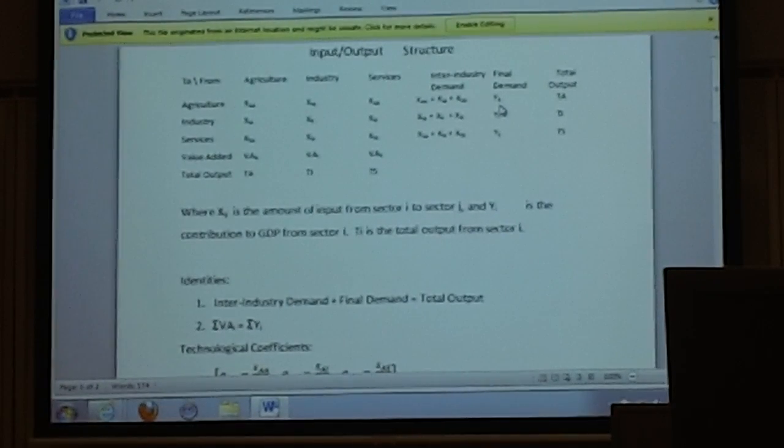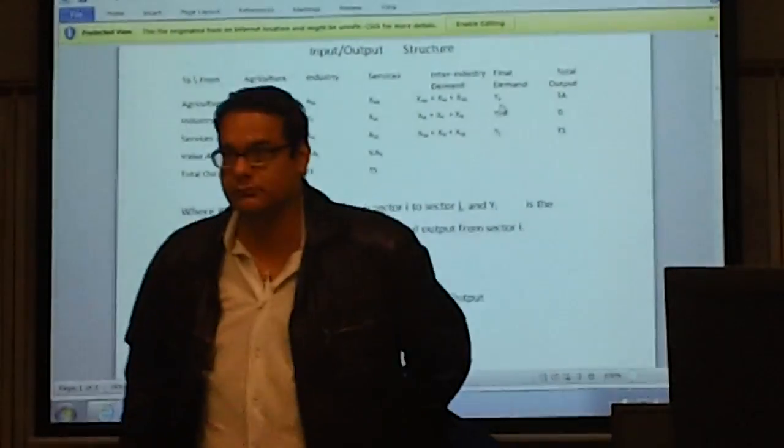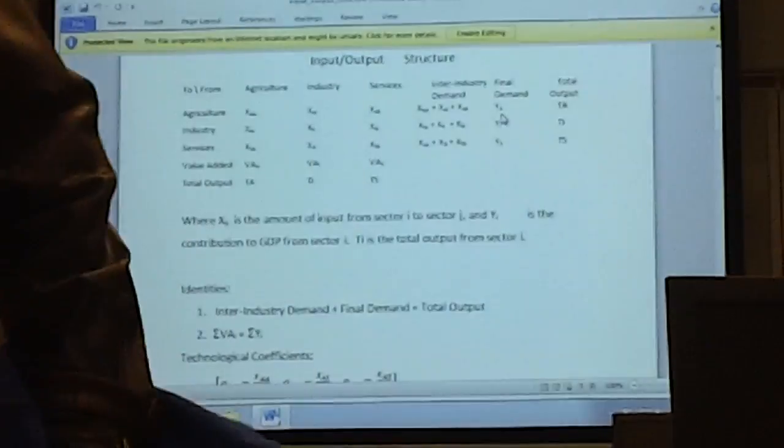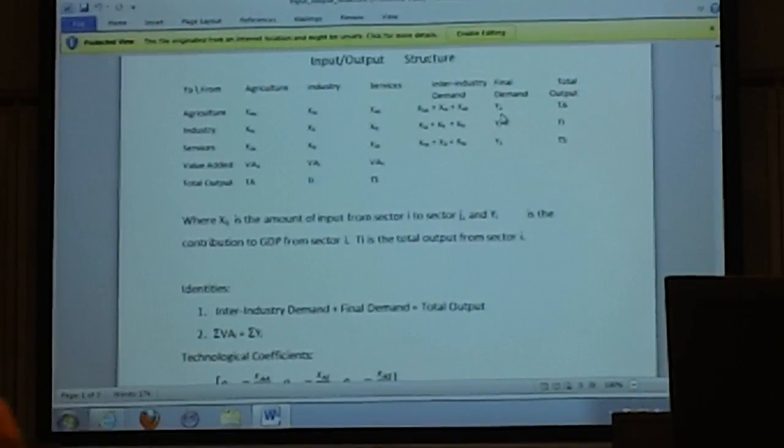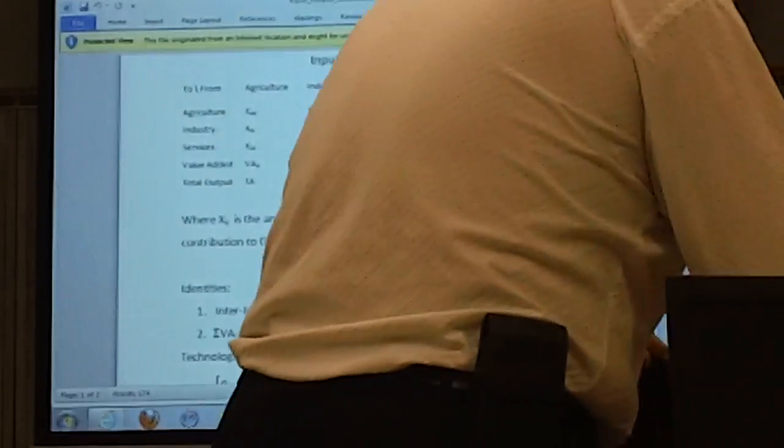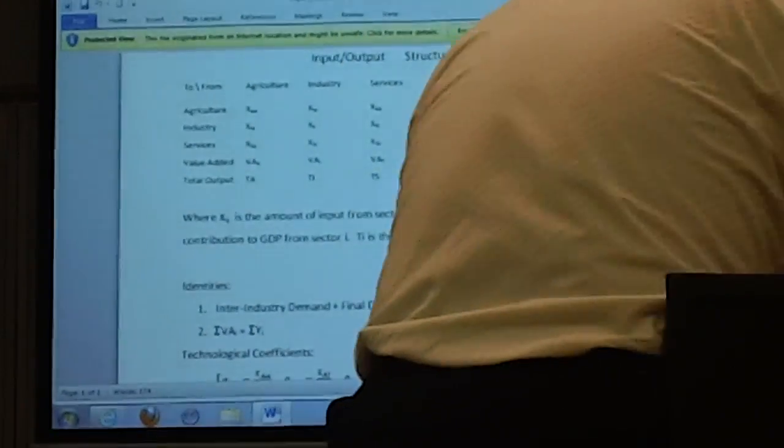Now you can break these down further. This is called by producing sectors. This producing sector part is called the supply side of the economy. By expenditure is the demand side of the economy. These two have to equal.